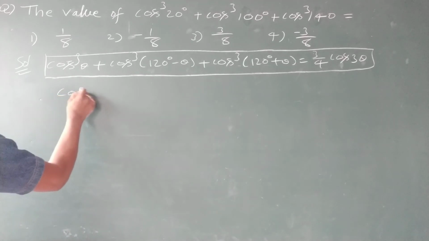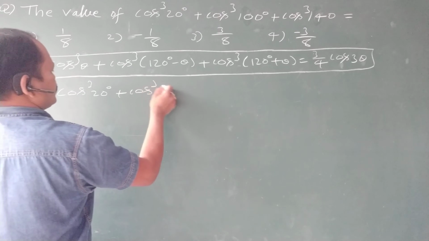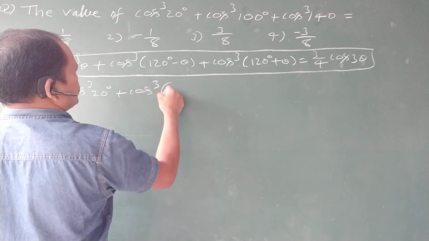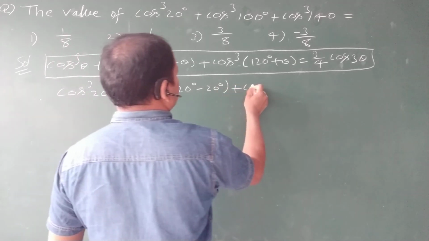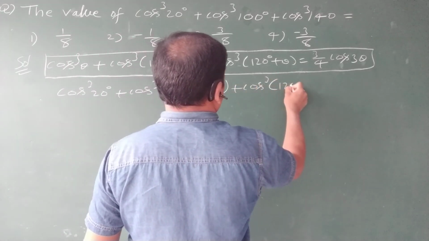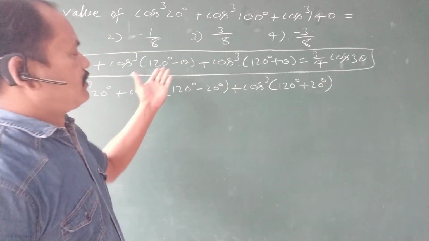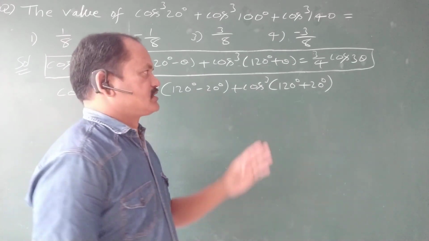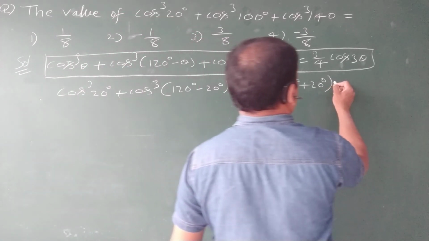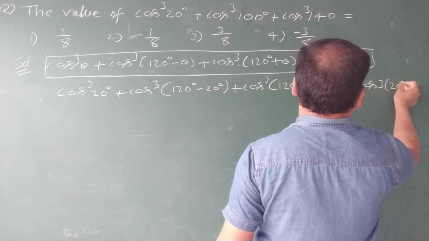So that is cos cube 20 degrees plus cos cube (120 minus 20) degrees plus cos cube (120 plus 20) degrees. Here this is in the form of cos cube theta, cos cube (120 minus theta), cos cube (120 plus theta), which is nothing but 3 by 4 cos 3 theta, that is 3 by 4 cos 3 times 20 degrees.